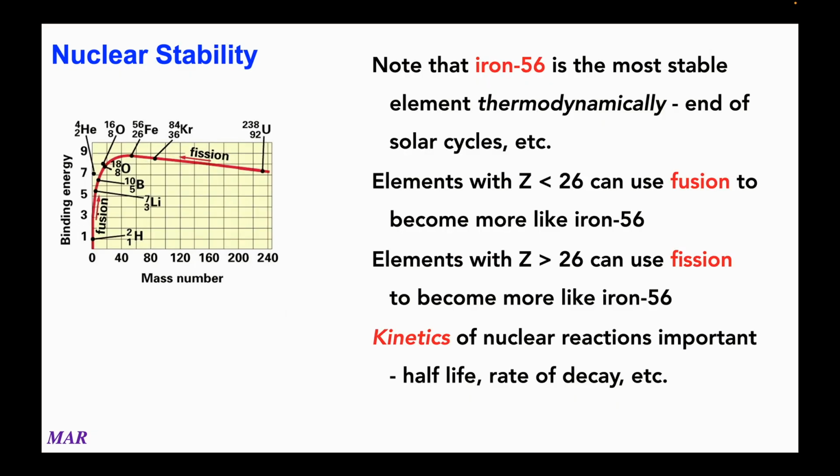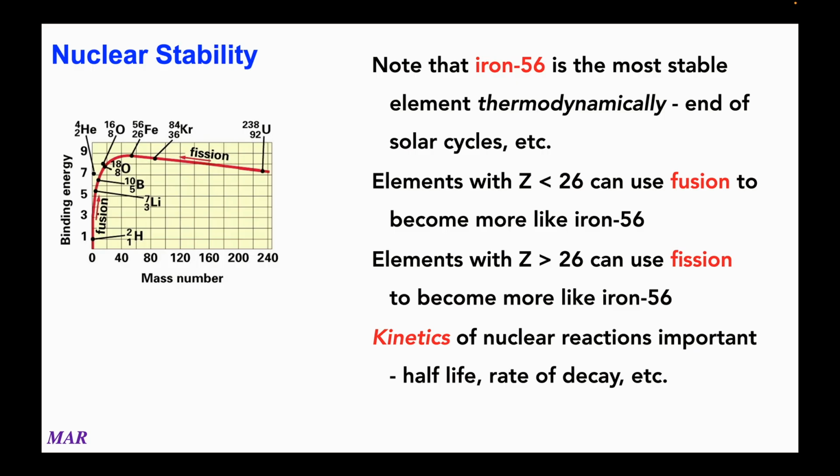Because iron 56 is the top of the hill, it really is the end point of everything in thermodynamics, all right? You cannot make anything past iron 56, more or less, once you get there. For example, the sun, the most massive energy source in our solar system, when it starts to make iron 56, it begins to stop.